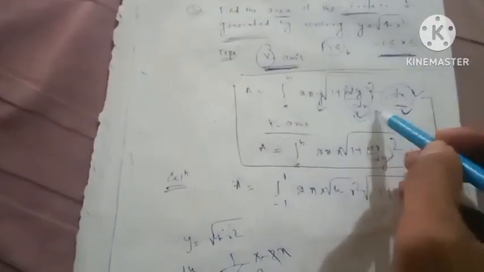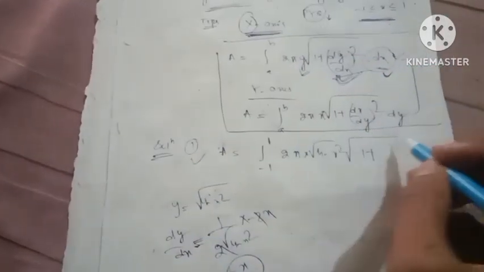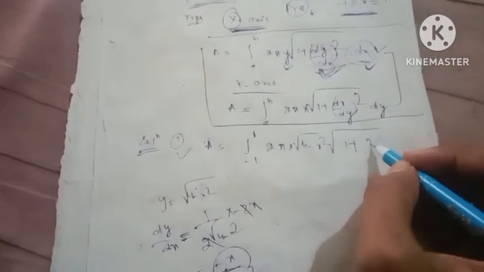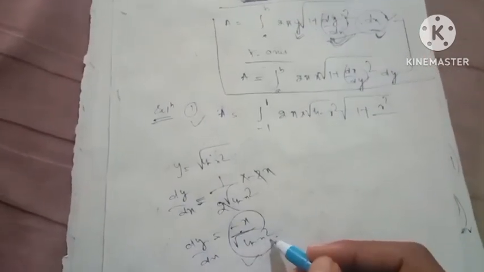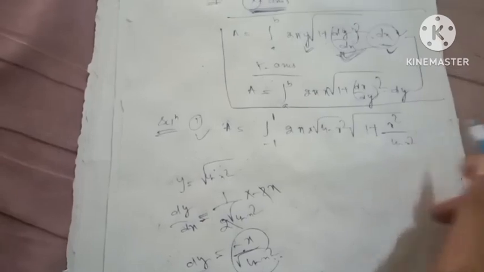This is the first formula, dy by dx. If you square it, minus x square becomes x square, so the square root of 4 minus x square cancels, and 4 minus x square remains.